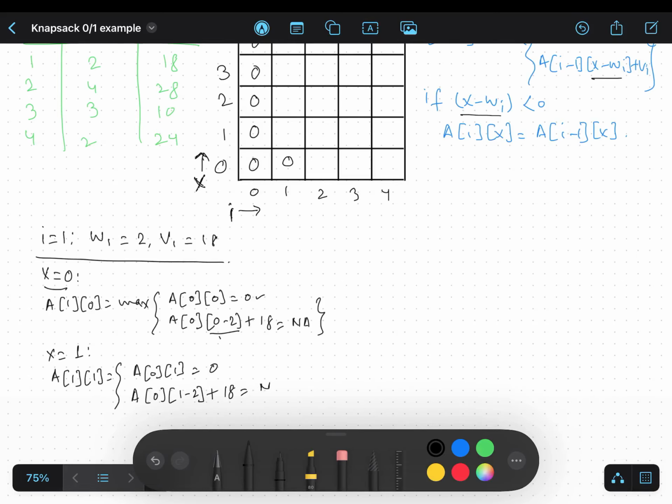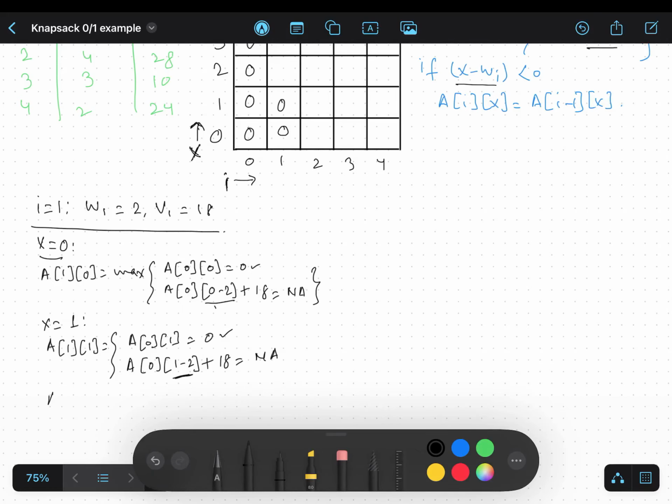So this is again x minus Wi coming out to be less than 0. So this is not applicable, and we are going to pick the first condition, and A(1, 1) is going to be 0. Okay. Then x is equal to 2.